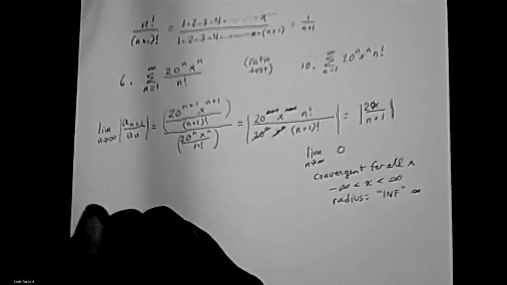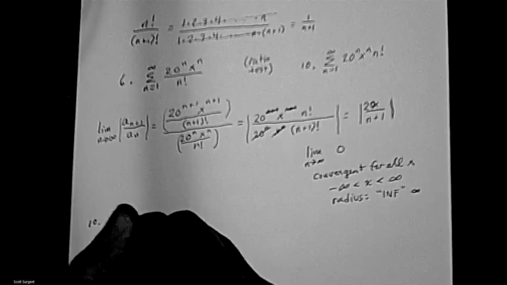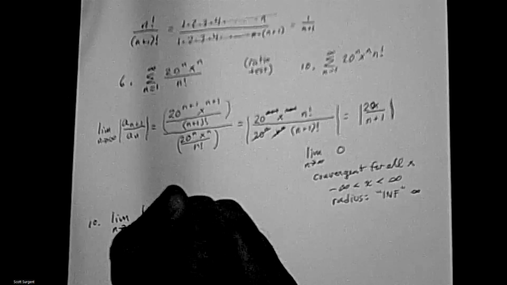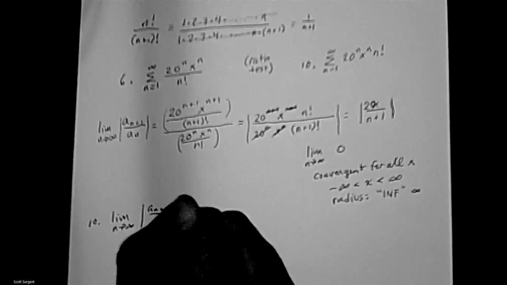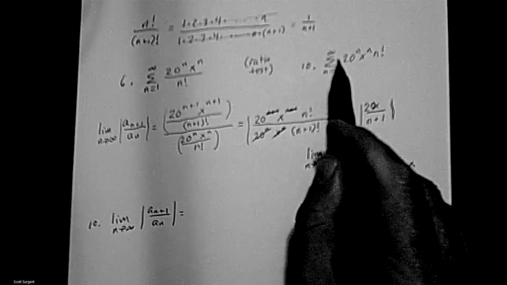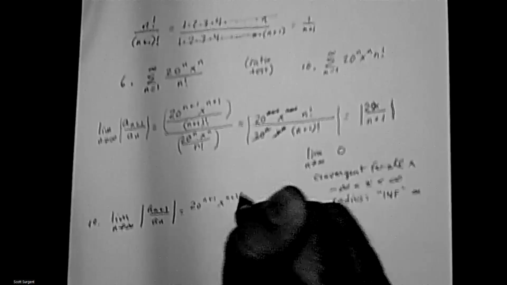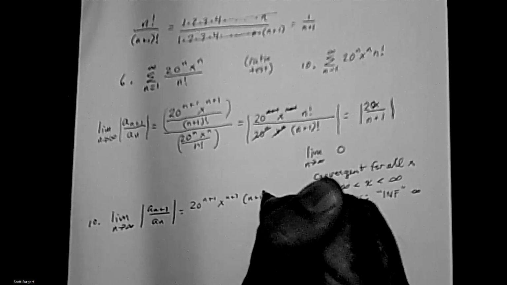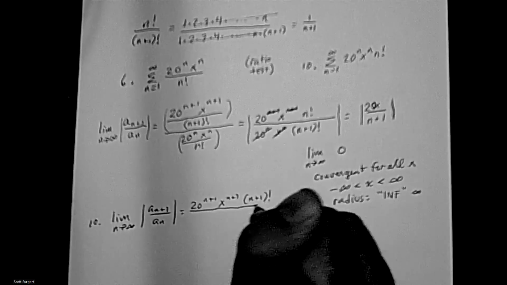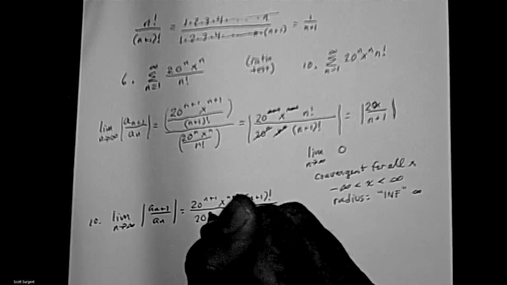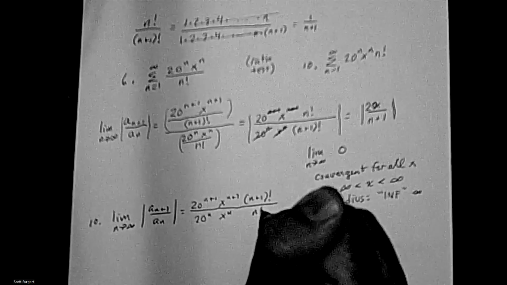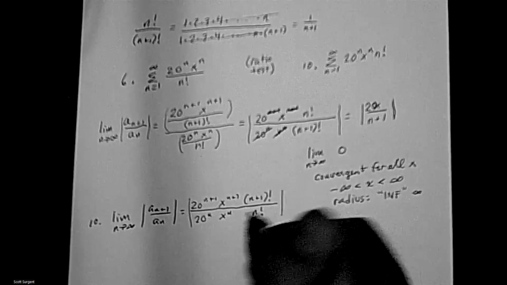So for number 10, same idea. It's good just to get practice. The numerator is going to be 20 to the n plus 1, x to the n plus 1, n plus 1 factorial. The bottom is going to be 20 to the n, x to the n, n factorial, absolute value.